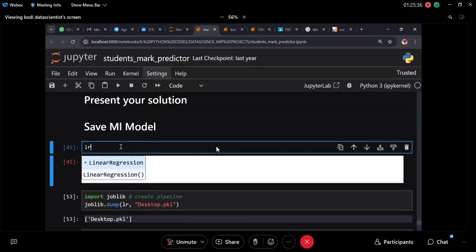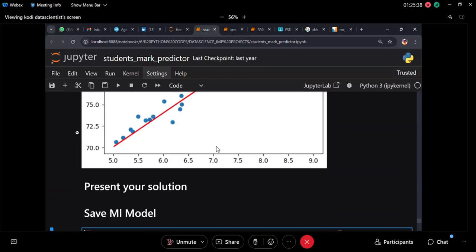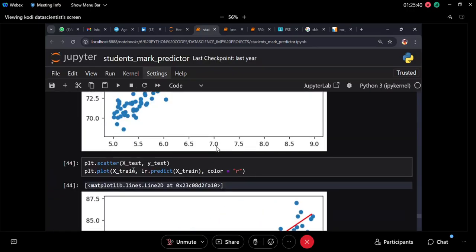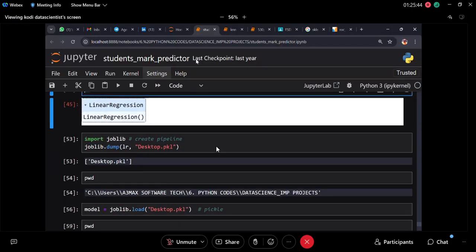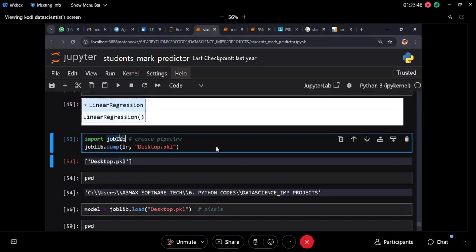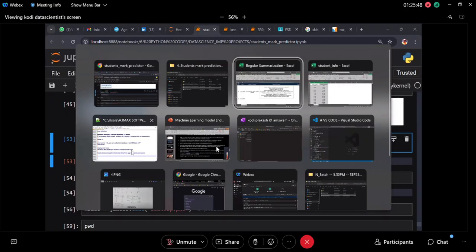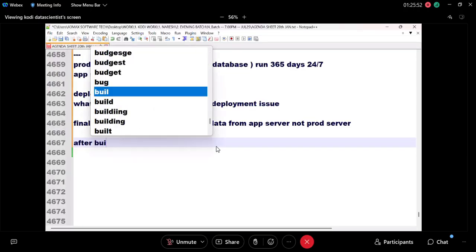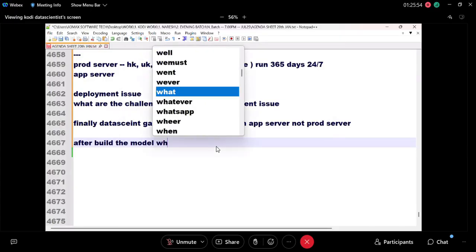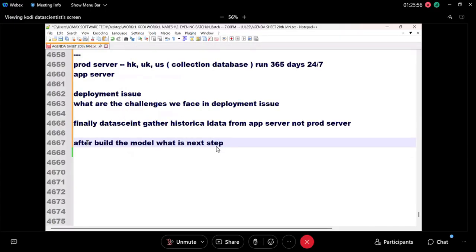So what we have done, what next? The LR model has this much code or not? Let's introduce joblib. Let me introduce a library to use after building the model. What is the next step, guys? Anyone tell me? Pickle.